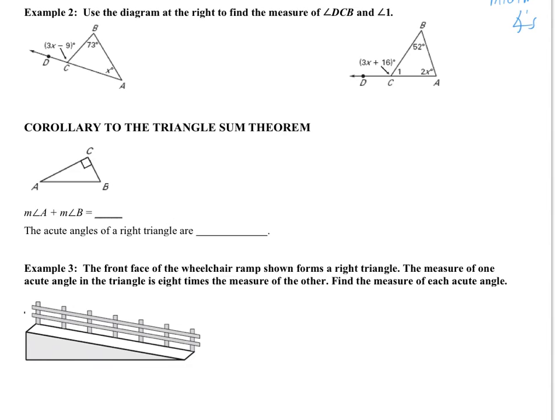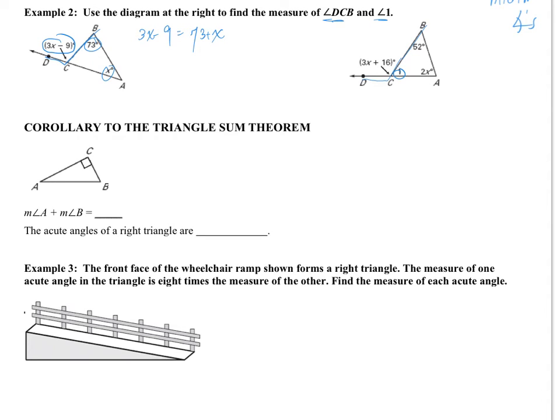Okay, for example 2, we want to find the measure of angle DCB and angle 1. So we're talking about this angle and this angle. And do ignore this DCB here. Okay, so by the exterior angle theorem, I'm going to set 3x minus 9 equal to the sum of 73 and x.